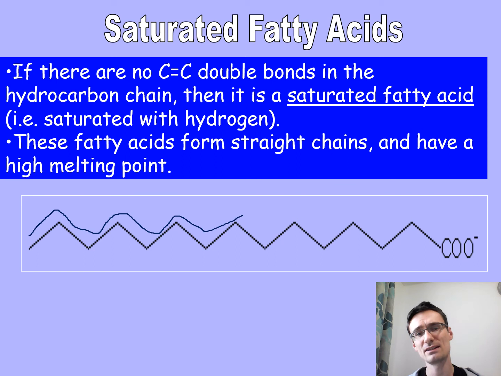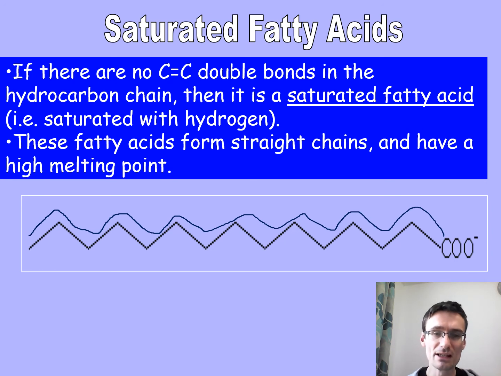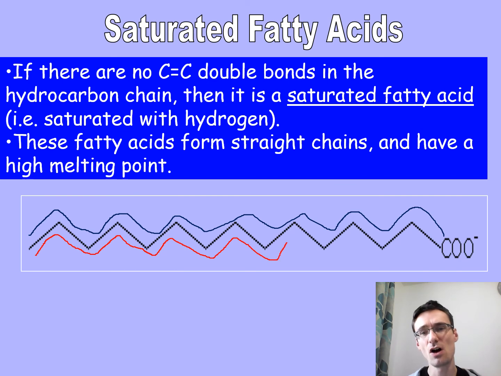So one fatty acid can line up next to the next fatty acid, which can line up next to the next fatty acid. Now, if they can stay close to each other, they're going to be held together a lot better, and therefore they have a higher melting point, which means they're generally a solid at room temperature.